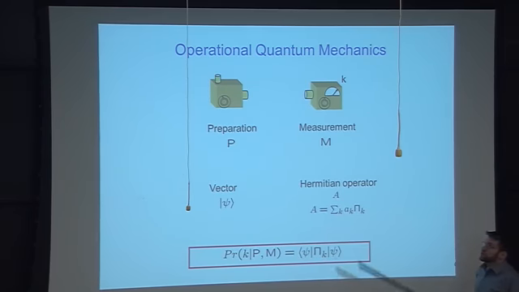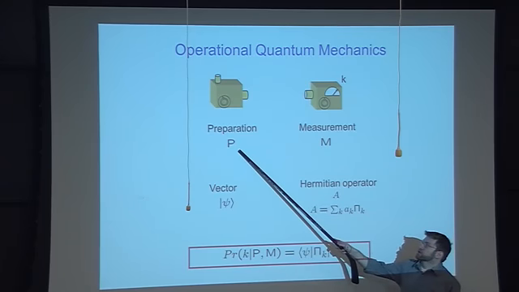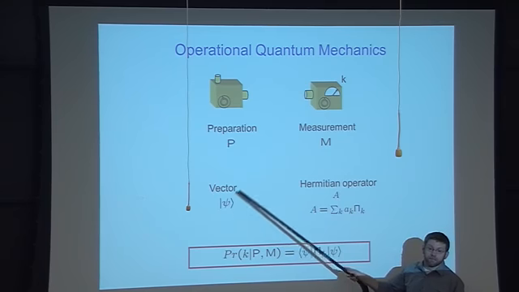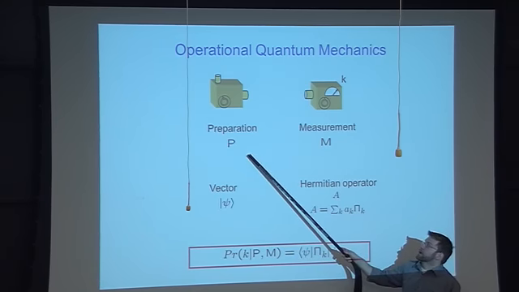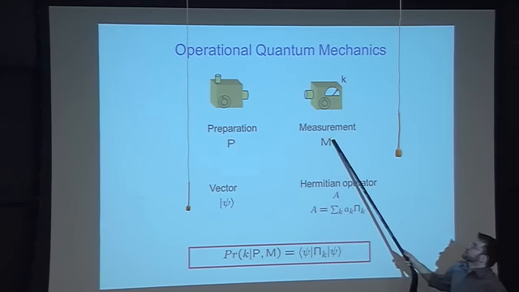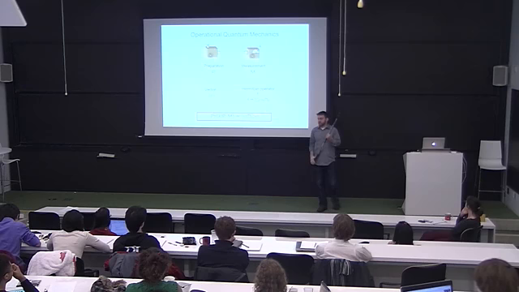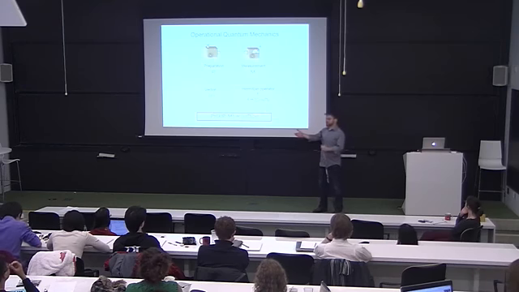Now typically there are a lot of details of the preparation procedure that don't influence what the ray is. For example, there are many ways I could measure the polarization of a photon. I could use a piece of calcite crystal, I could use a piece of Polaroid, and so on.